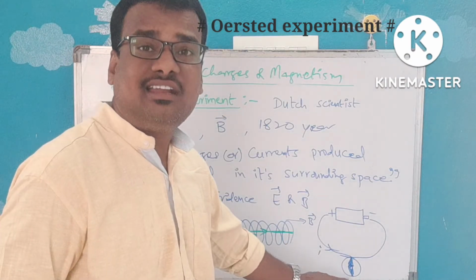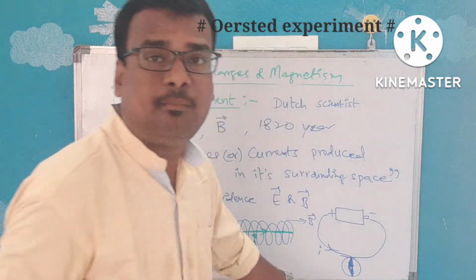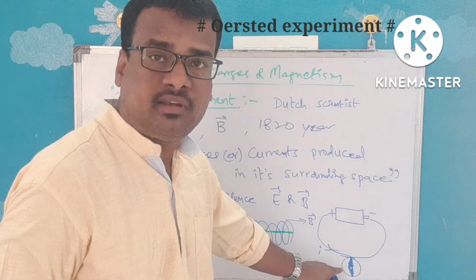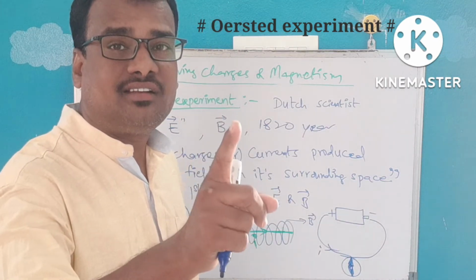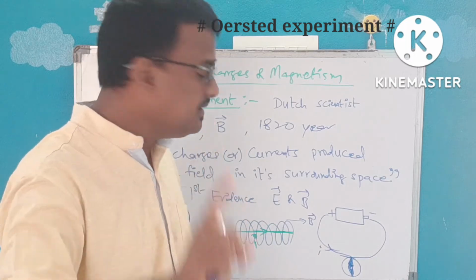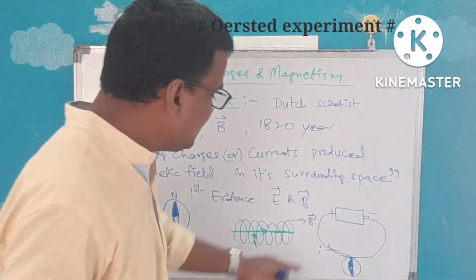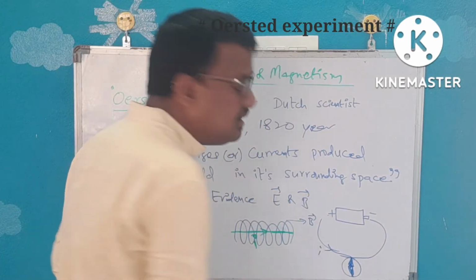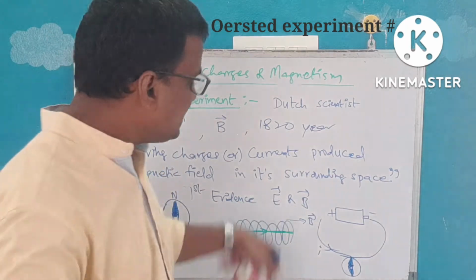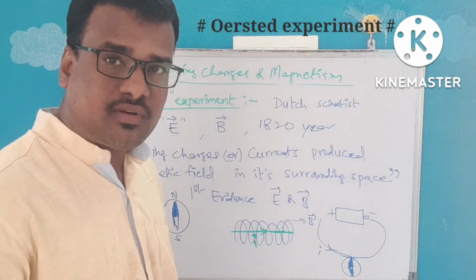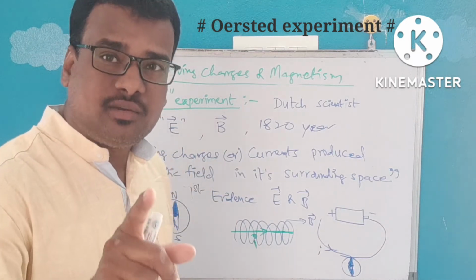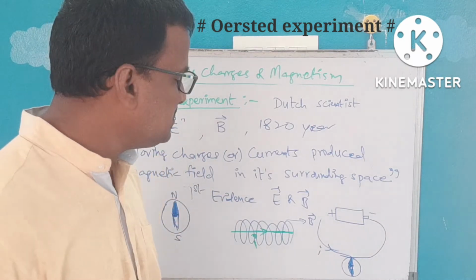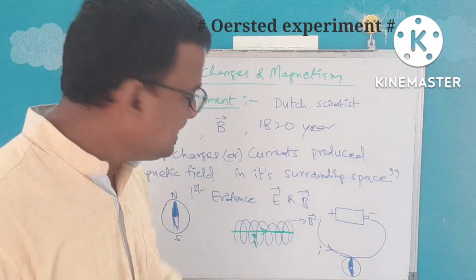If we place a compass needle very near to this current carrying wire, the compass needle gets deflected. If we remove the wire from the circuit, the compass needle goes back to its previous position, the north direction of the earth.